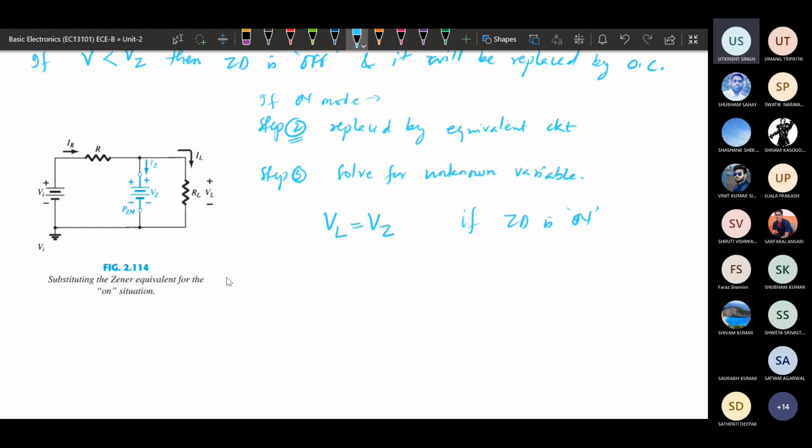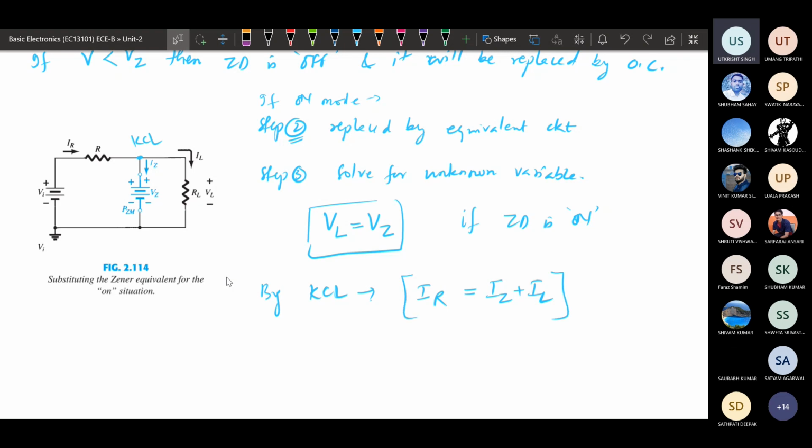Thus first this we can obtain. The next, by KCL, we can get IR equals IZ plus IL. At this point we will be applying the KCL. So IR will be equal to IZ plus IL.